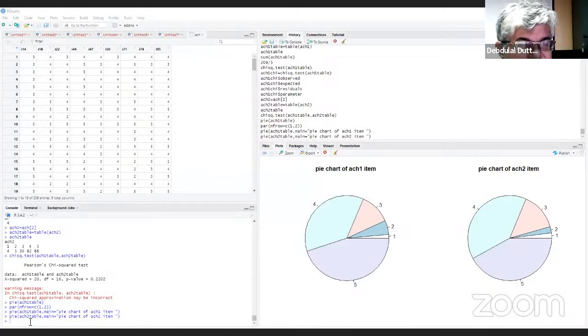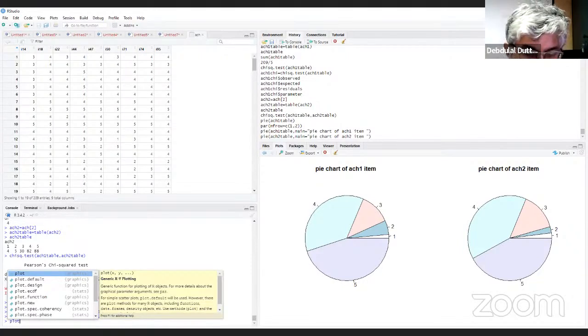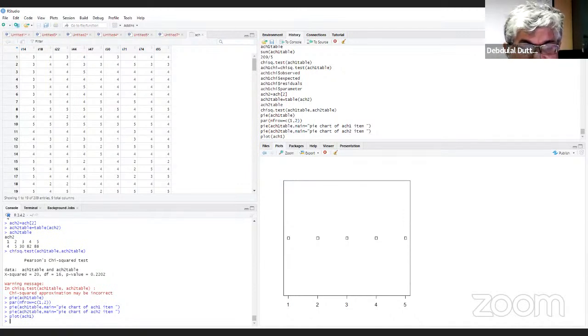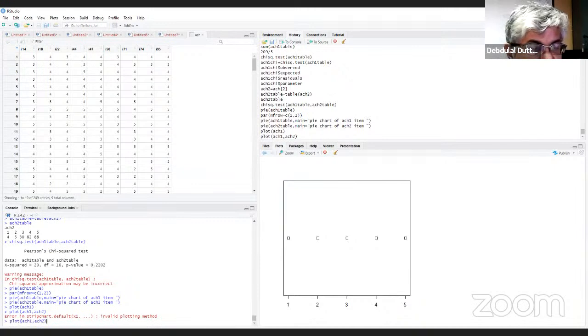Okay, now I am presenting you the data, another data. This is another chart I am presenting you. You can write down plot, ACH 1, total.